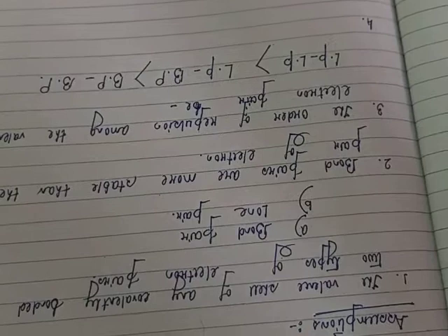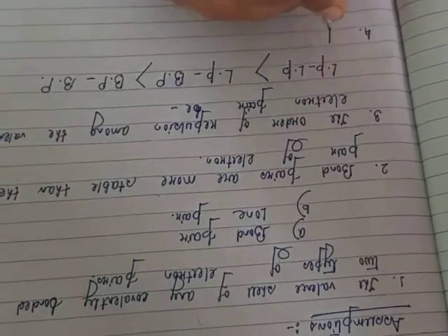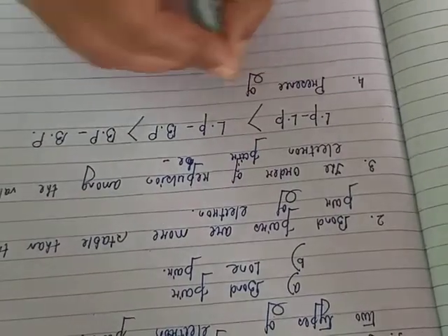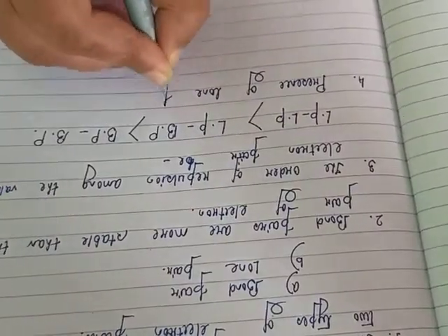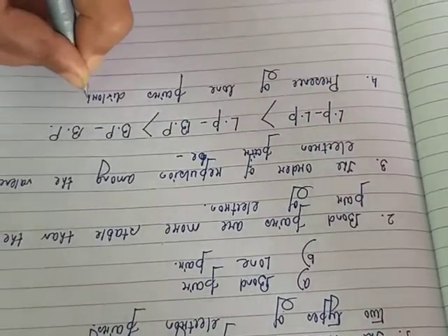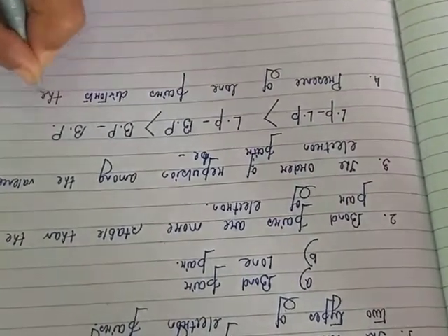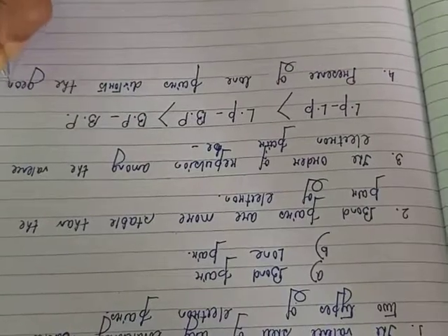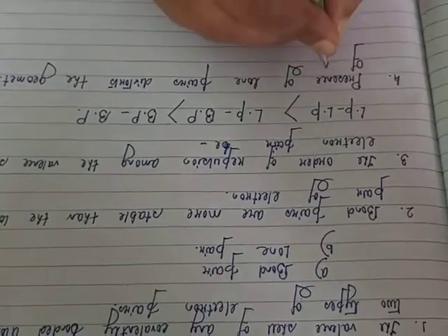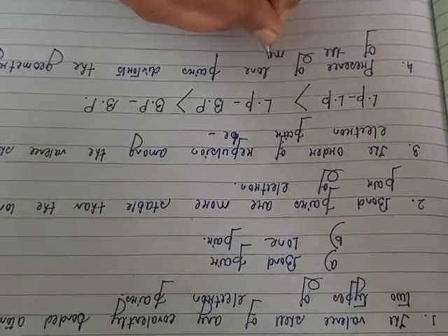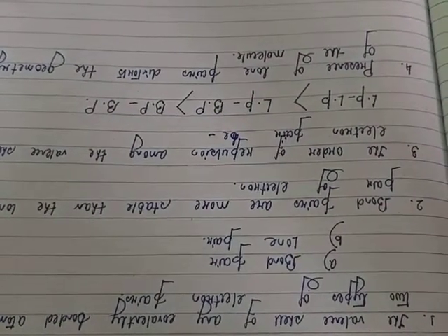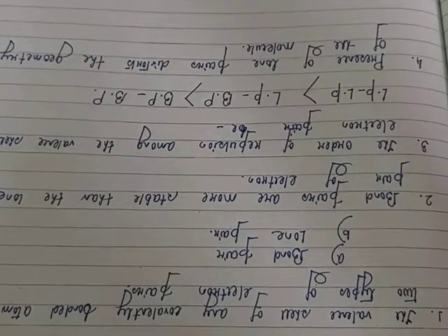So the presence of lone pairs distorts the geometry of the molecule.